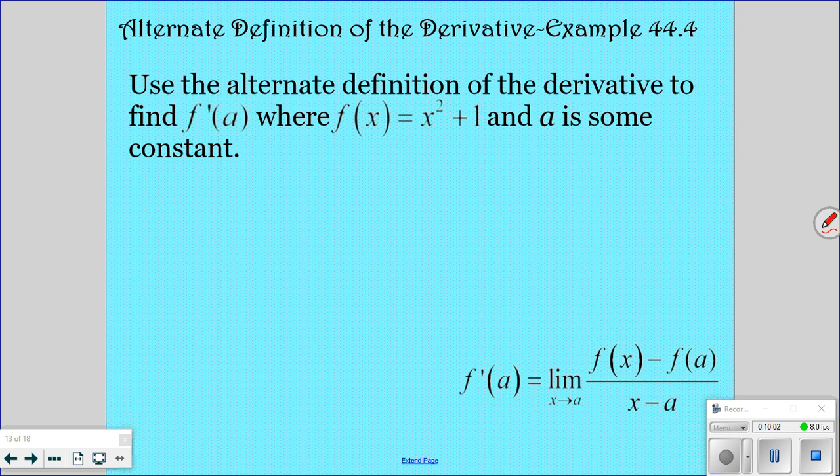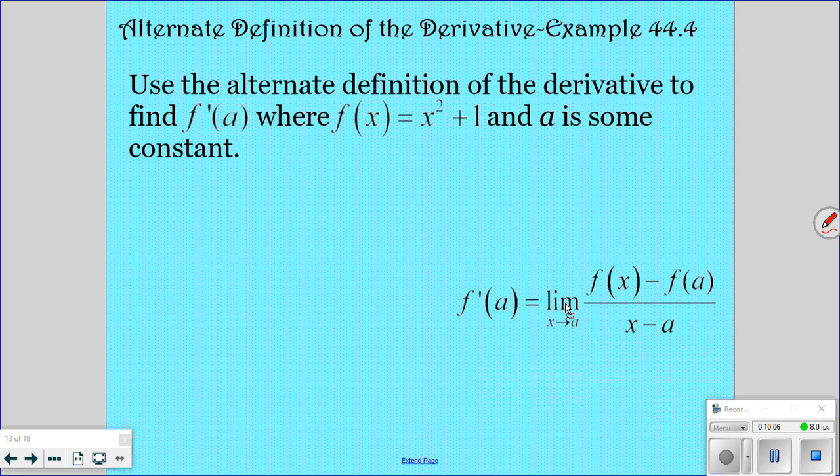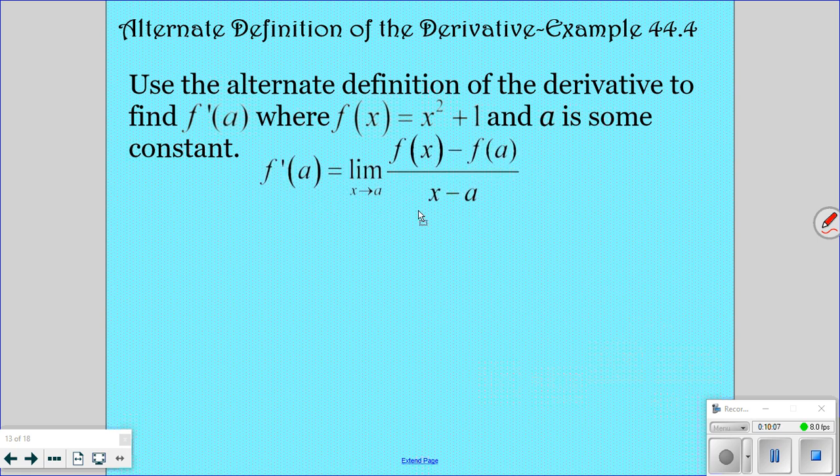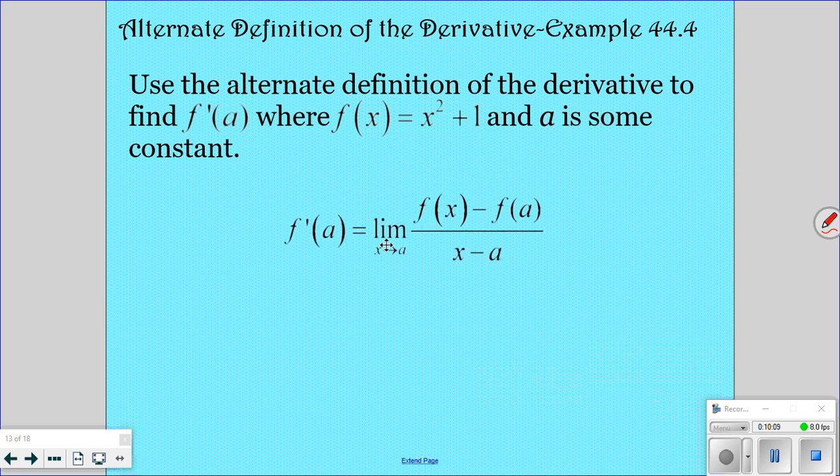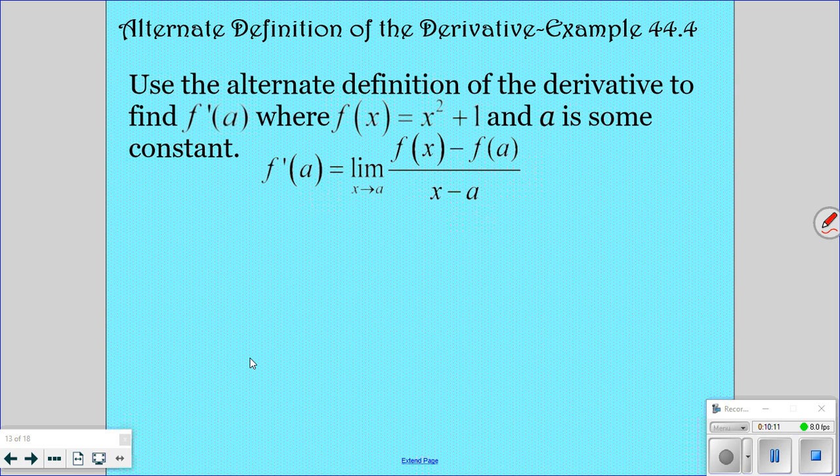So we're going to plug it into our formula. All right. So for this one, the limit as x approaches a, f of x is x squared plus 1, and then f of a would be a squared plus 1.